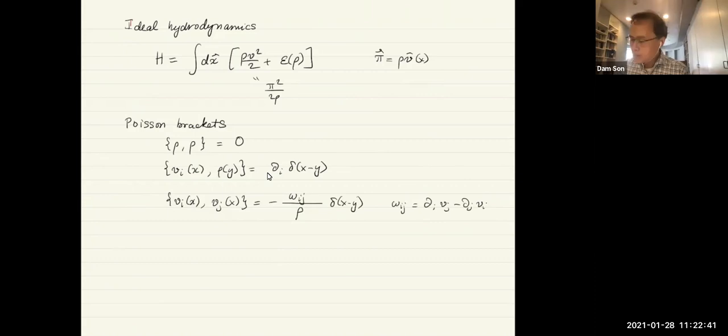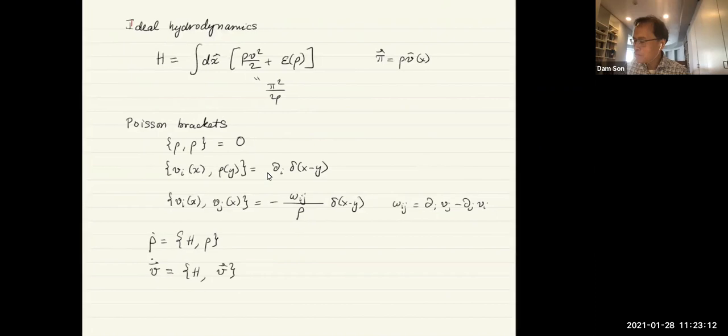And we said that the equations of hydrodynamics can be written in a very familiar form from classical mechanics. Basically, we have rho dot equal to the Poisson bracket of H with rho, and v dot is the Poisson bracket of H with v.